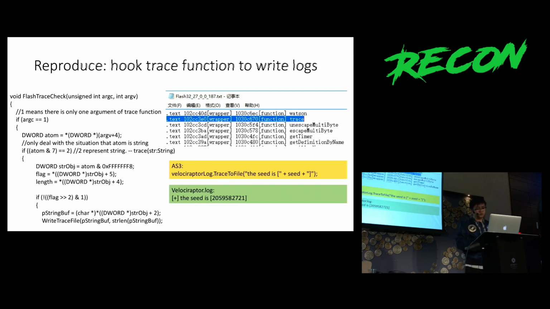Reproduce. We hooked the trace function to write logs to a file. We first find the trace address in a text file generated by our internal tool. You can see R2 generated all of the native functions of Flash, and we find the address of trace, and we hook it, and redirect the trace function to our trace check function, in which we only deal with calls that have only one string argument.